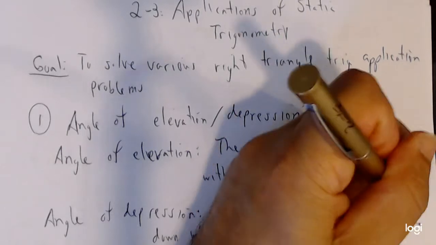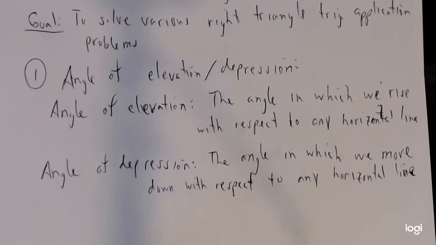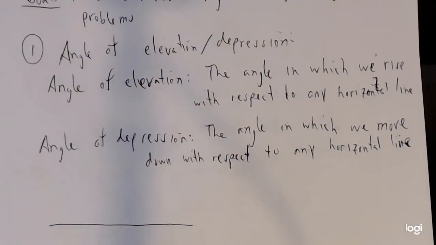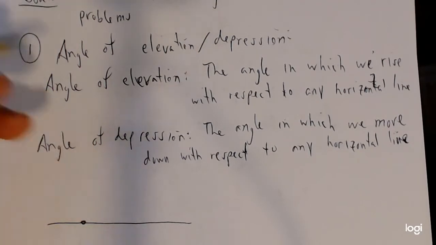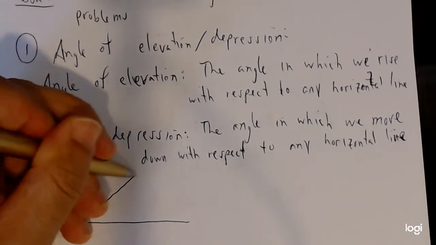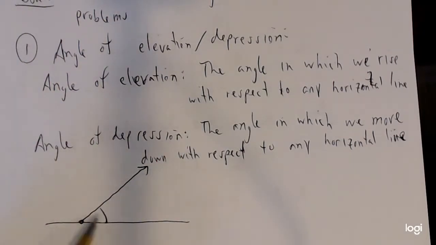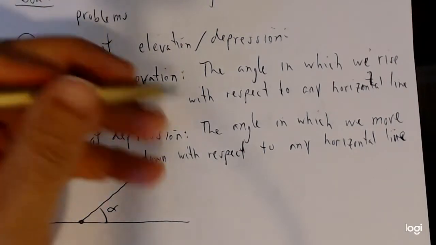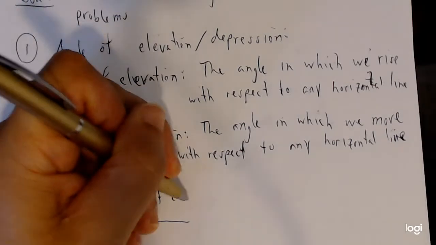Let me draw a picture as to how this looks. If I draw my horizontal line, now I have some line to base my angle off of. My angle of elevation starts at this starting point and we move upwards. The angle that this line makes with the horizontal, we can call it alpha, is our angle of elevation.